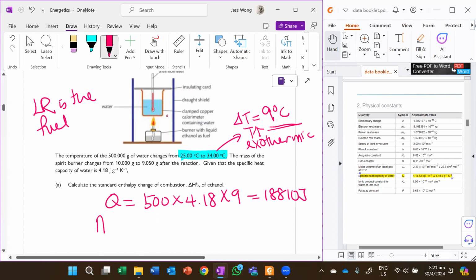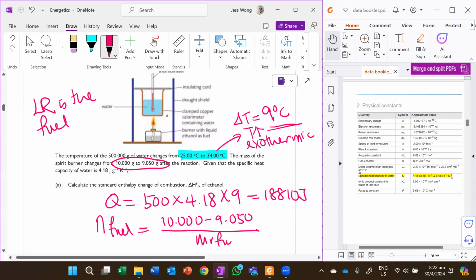The moles of the alcohol, the fuel that we are burning, is equal to the mass loss, which means the amount that is gone after burning, divided by the Mr of the fuel. In this case, the fuel is ethanol.